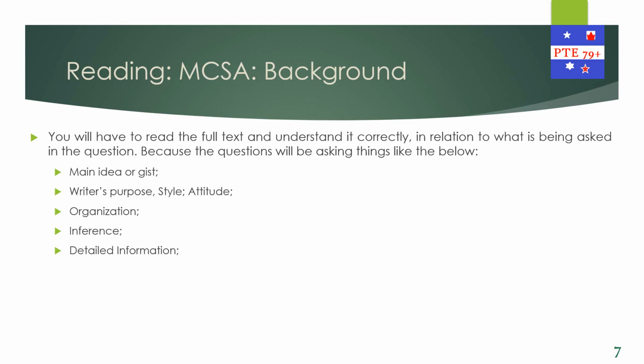The questions will be asking things like the main idea of the given text, or the writer's purpose, style, attitude, organization. What is organization? Organization is the linkages of things. There can be a couple of ideas given, and a relational or imaginary linkage between those points. That is what is included in the organization of the text.